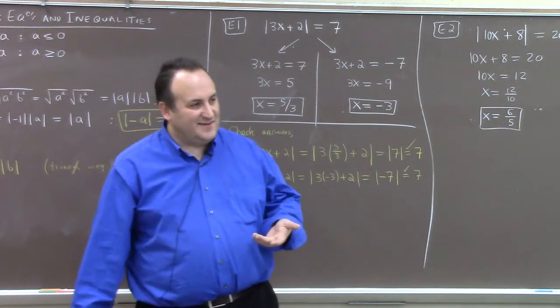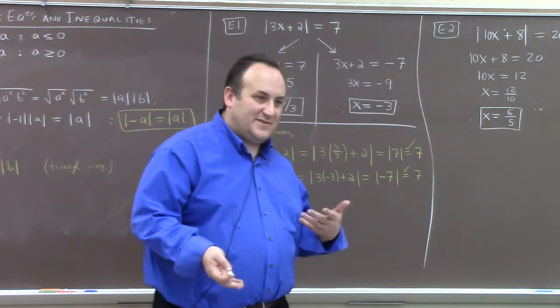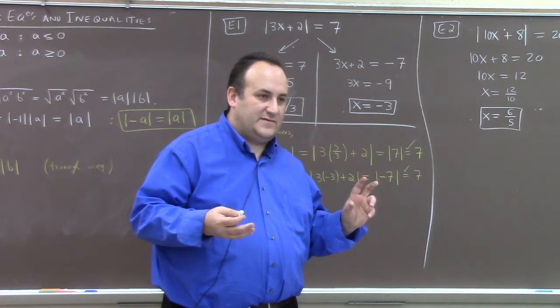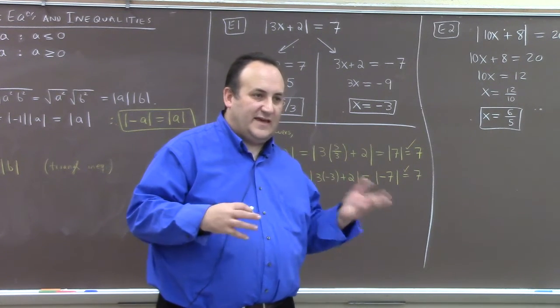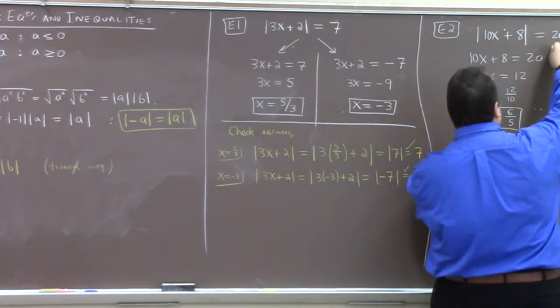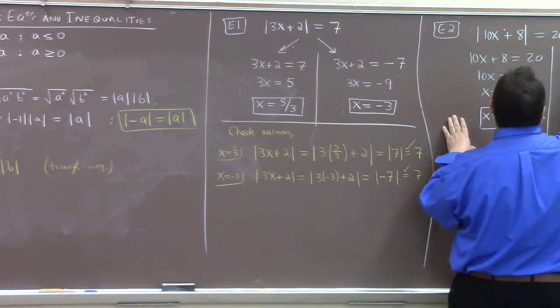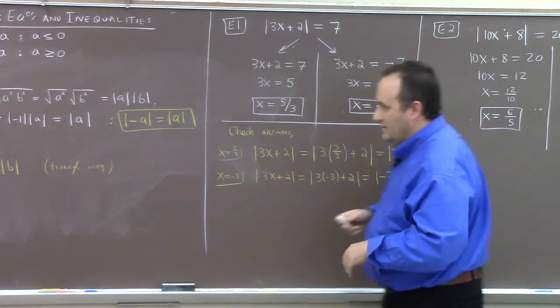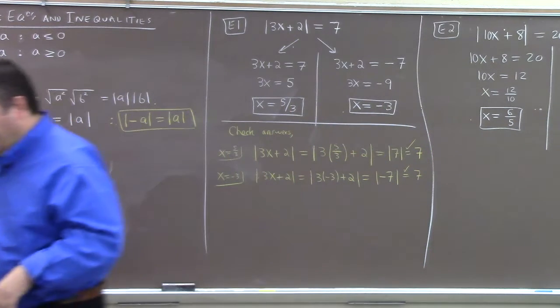What they've done is ignored half of the possibilities, right? So with one of these problems, if you don't get two answers, odds are you're missing half the story, all right? So that's half of the solution, because we also have to solve 10x plus 8 equals minus 20, right?